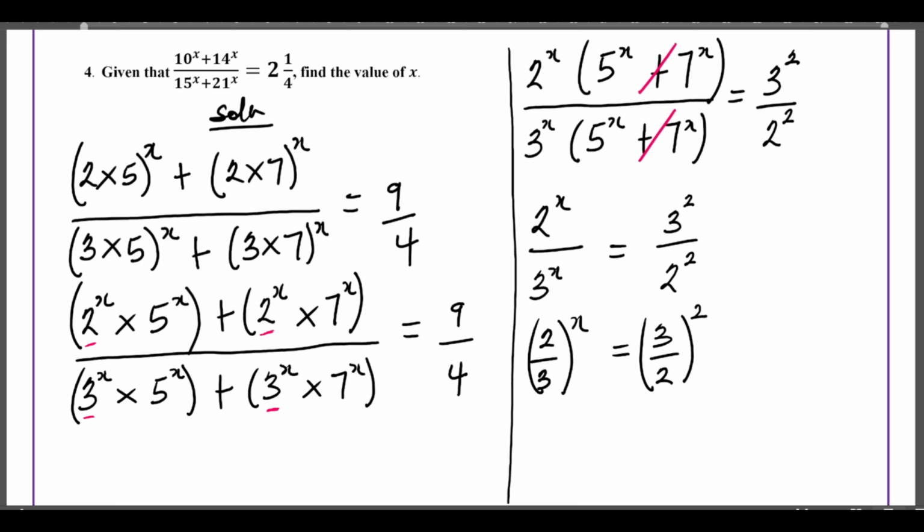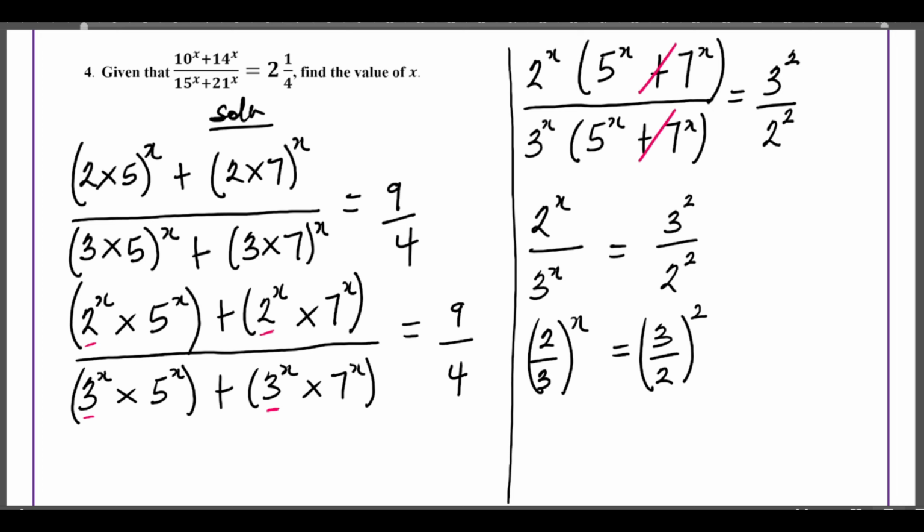We are almost done, but we still need to do a few things. We see that anytime we are solving an indicial equation, once the bases are the same, we just equate the index. But what do we see? We see that we have 2 on 3 on the left hand side and then 3 on 2 on the right hand side. So it seems something is off.